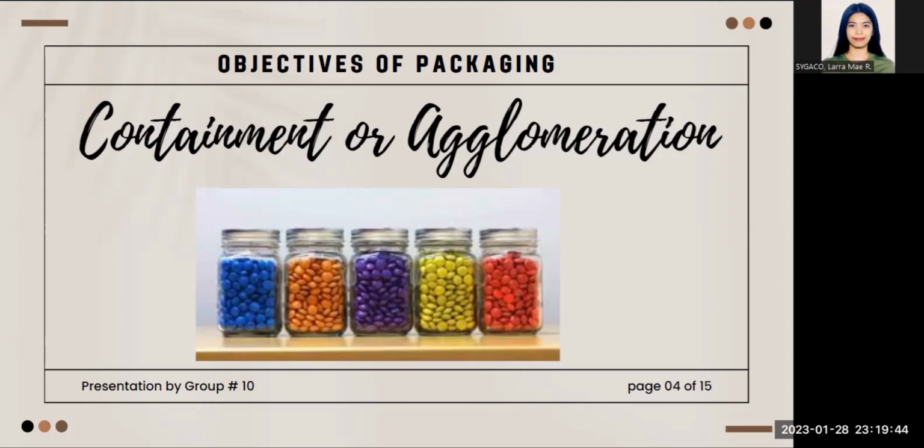So, kailangan niya ng container na nasa isang container lang sila. Another example of that is a single box of 1,000 pencils requires less physical handling than 1,000 single pencils. So that is how containment or agglomeration refers to.